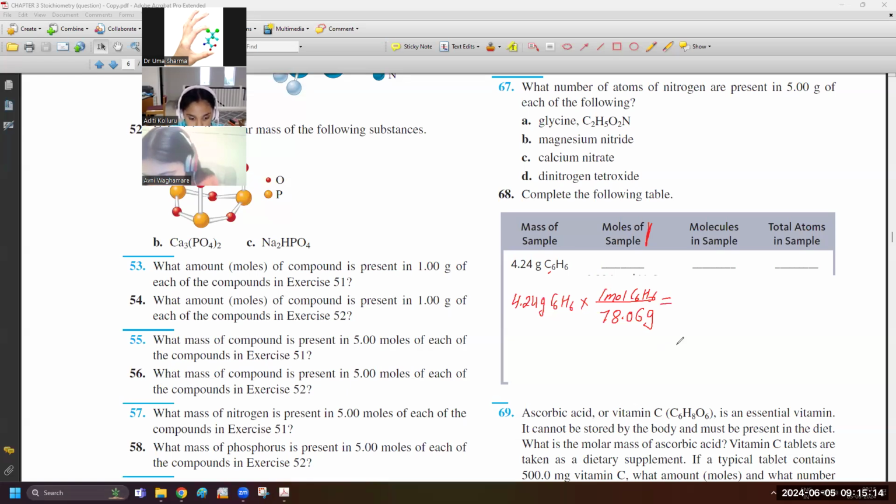Are you getting the same? 6 carbons, 6 hydrogens. I got 78.12. What mass of carbon have you taken? 12.01. And hydrogen? 1.01. Yeah. She has taken 1.008. That is approximately 1.01. Okay. So it is 78.06. You can check the error later on.